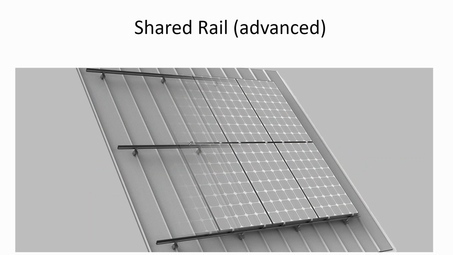Where I look at shared rails, I think they're kind of neat in the sense that if you get your racking selection right with your shared rail system, if it wasn't going across the roof, which they're doing here because it's a standing seam, but if you have your shared rails going long ways rather than across the short end of it, you put rails here.